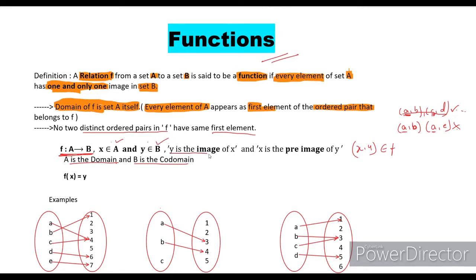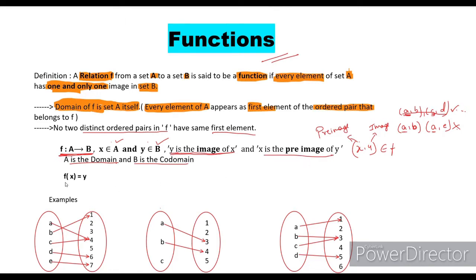And we have understood this similar concept in relations, that is y is the image of x, that is this happens to be the image of the domain element and this happens to be the pre-image. This is what we have understood.